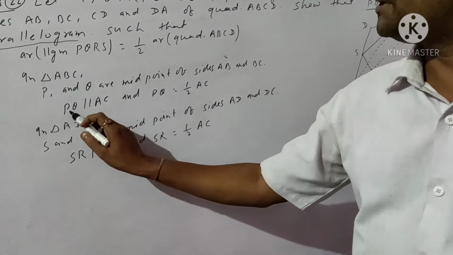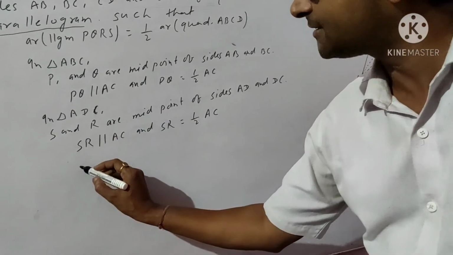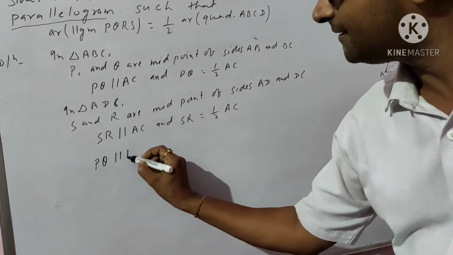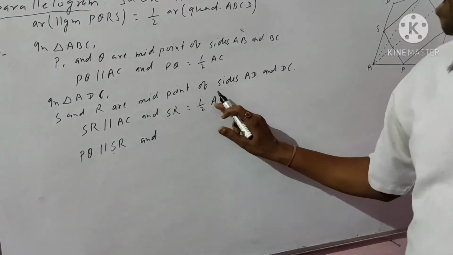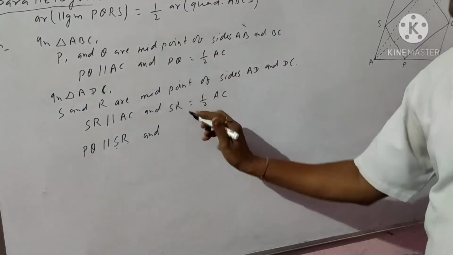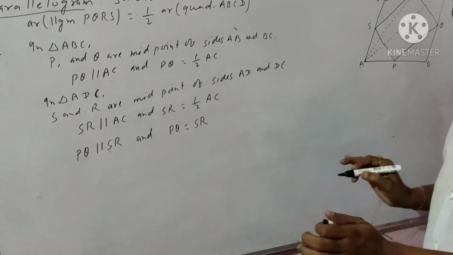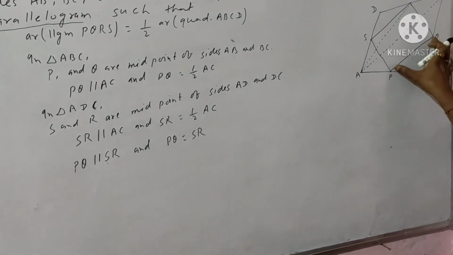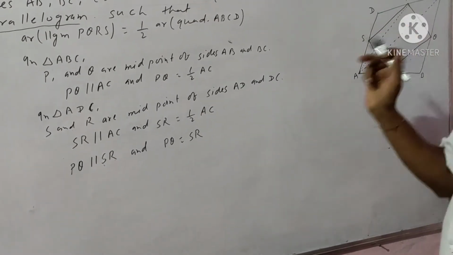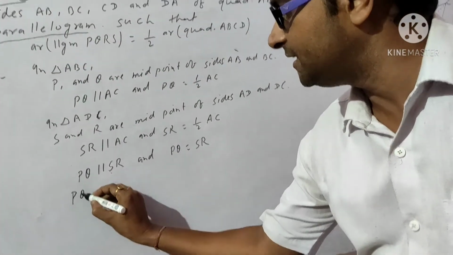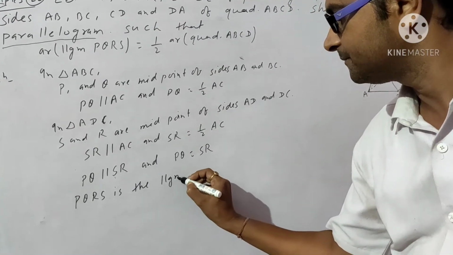Okay, from these two results, PQ is parallel to AC and SR is parallel to AC. By these two conclusions, we can write here, student, PQ is parallel to SR. And half AC is equal, so we can say PQ is equal to SR. So here, student, two different results: PQ is parallel to SR and PQ is equal to SR. So PQRS is a parallelogram.